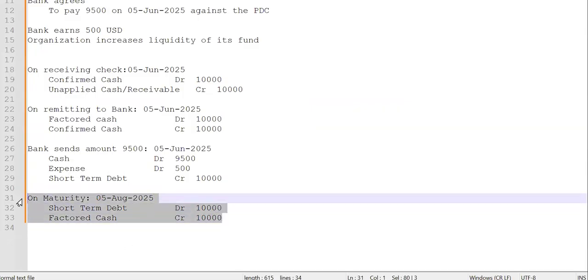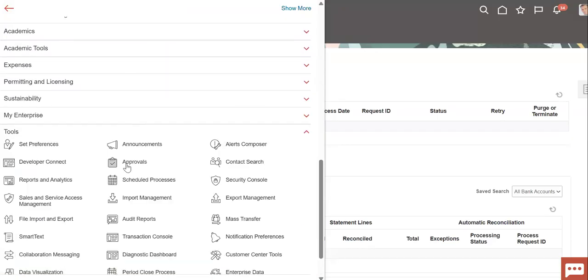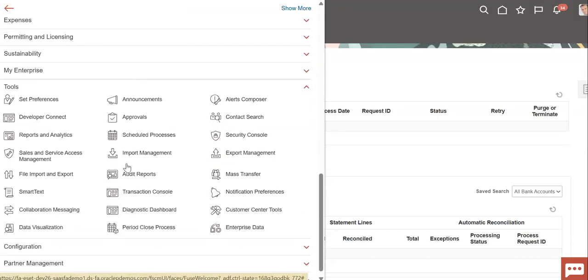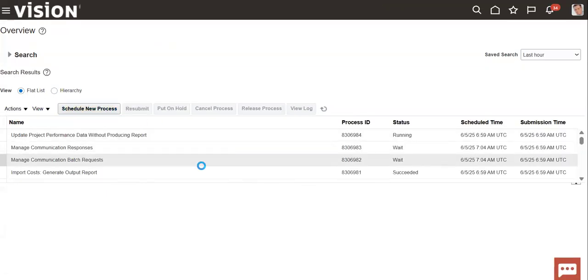If you remember, in the previous video, when I defined the receipt method, I gave the maturity at 0 days because I wanted to show everything on the same day. There is a program actually called risk elimination. So let me go to the scheduled process. I need to do the risk elimination, so for that I need to submit one process.